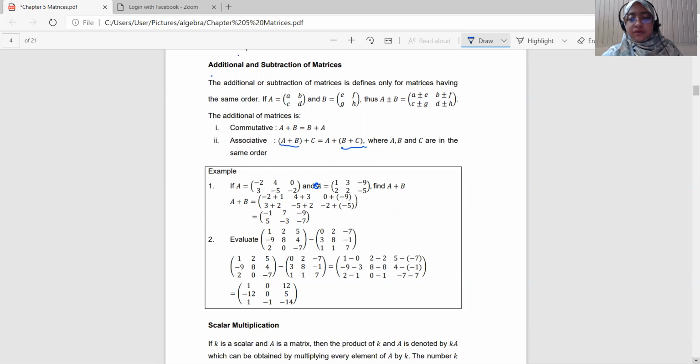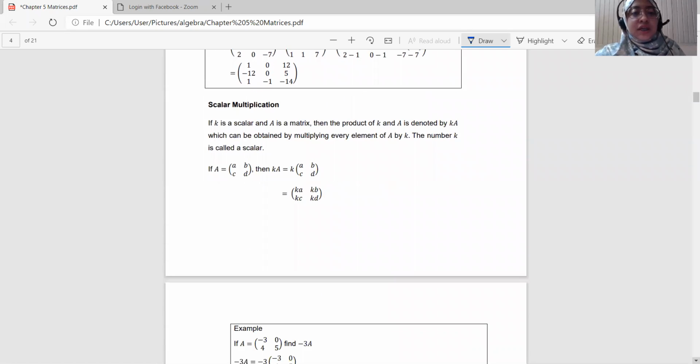For scalar multiplication, if K is a scalar and A is a matrix, then the product of K and A is denoted by KA, which can be obtained by multiplying every element of A by K. The number K is called a scalar.